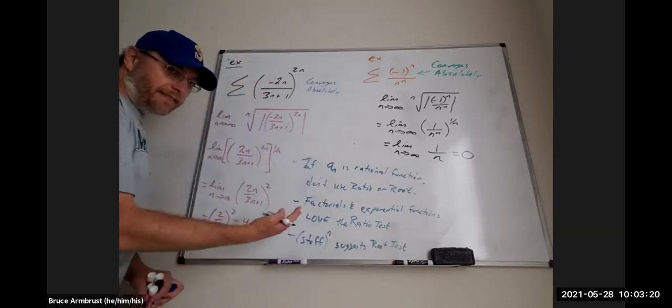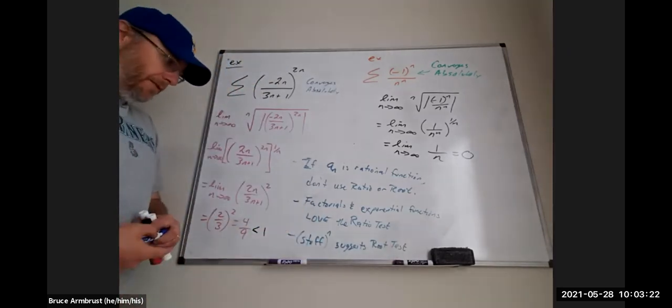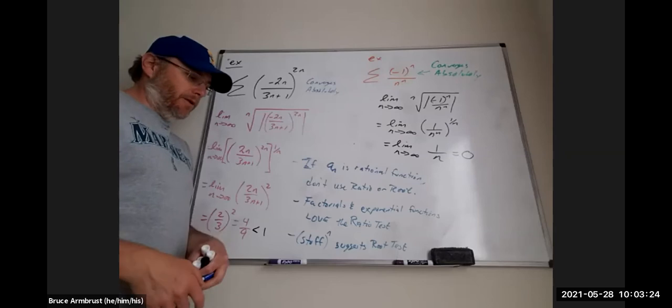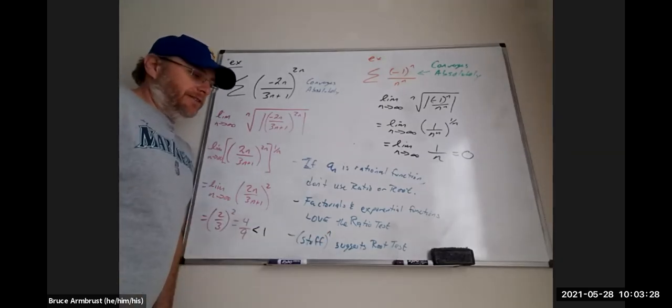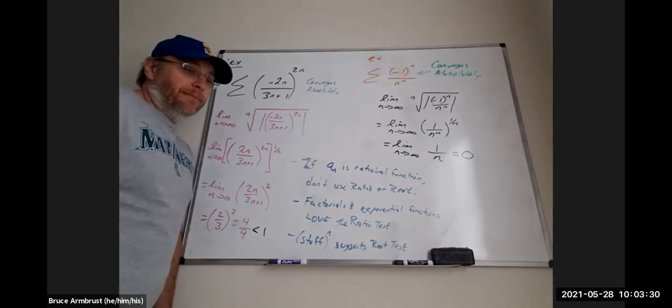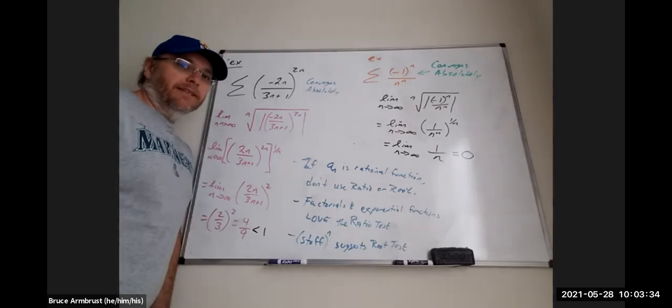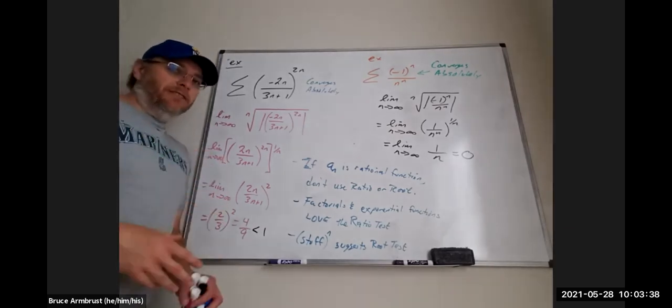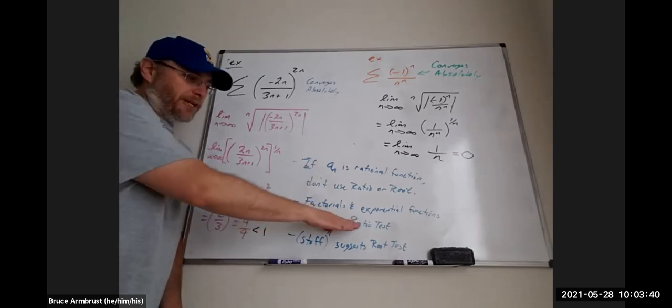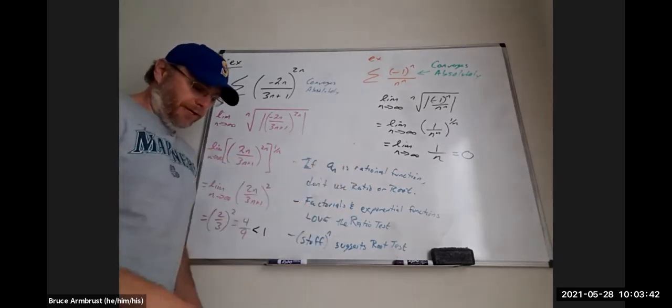No matter what that stuff is, if you raise to the n or some multiple of n, that really is going to suggest trying the root test, because the nth root is going to cancel that raised to the n. So that's just a little bit about what's going to push you towards the ratio or root test and what to avoid.